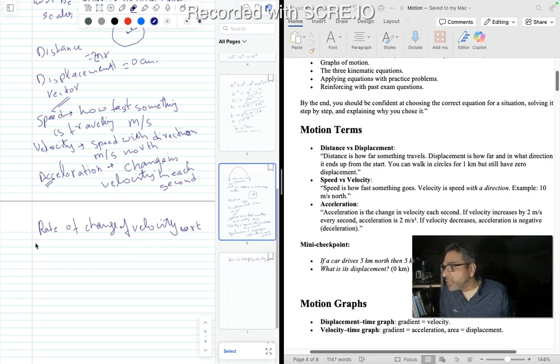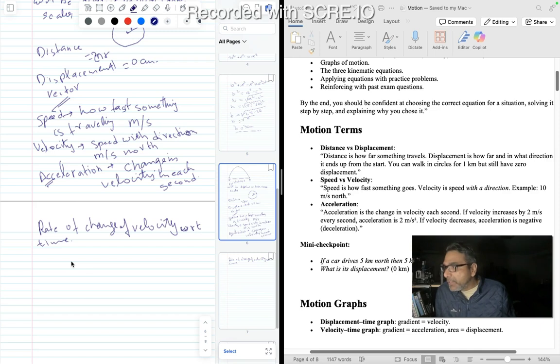WRT is with respect to time, right? So now rate of change of velocity, we have to understand this term rate of change of. So rate means the difference between the velocity, initial or final, with the time itself.